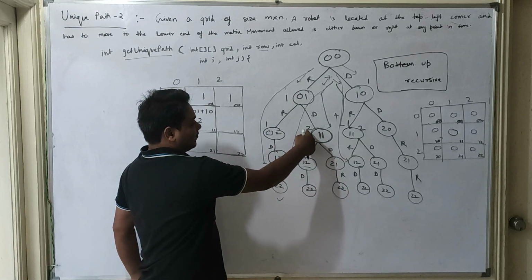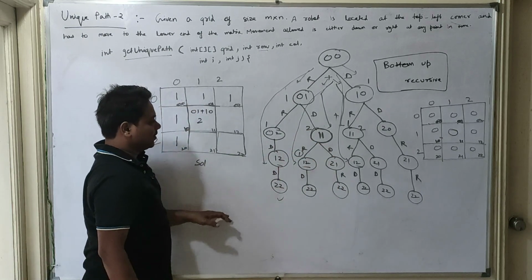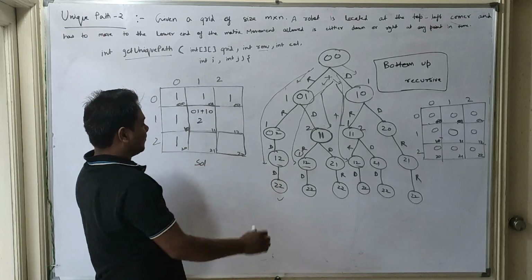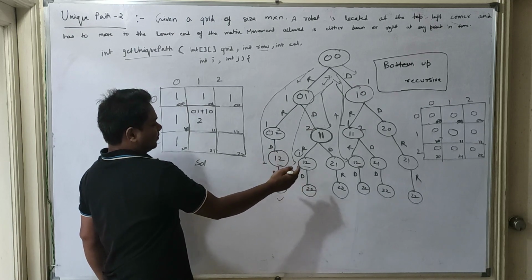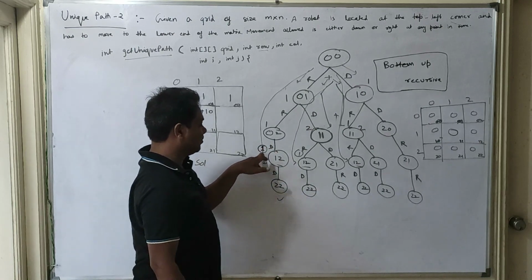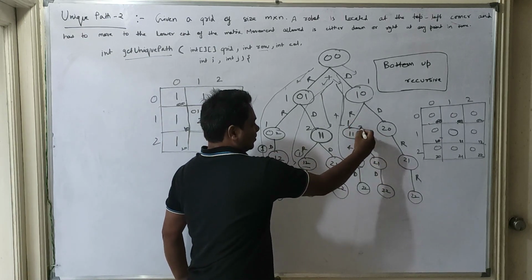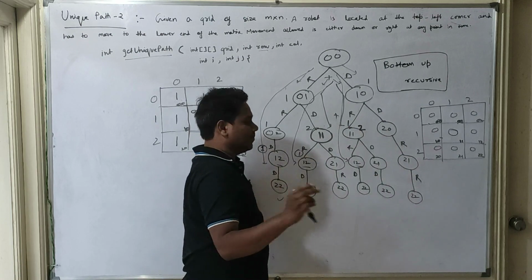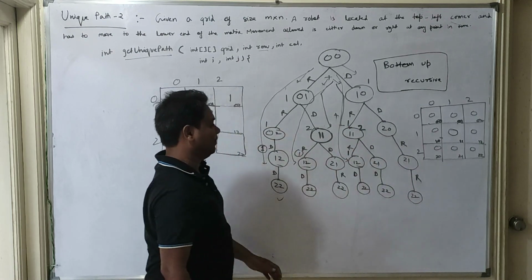Then from 1 1 to 1 2 there is only one path. Similarly, from 0 2 to 1 2 there is only one path. To reach 1 1 we have 2 paths, and then to reach 1 2 from here we have only one path.